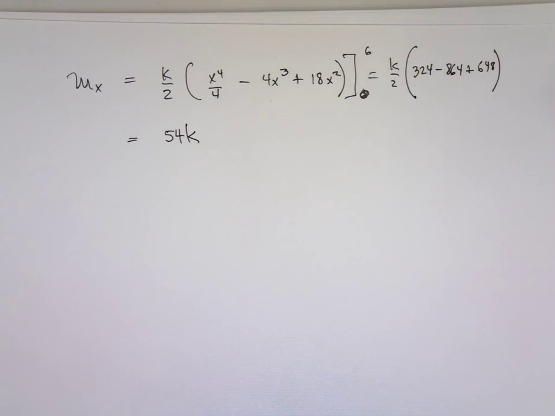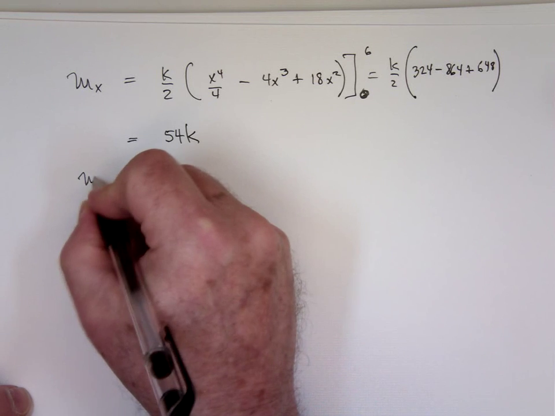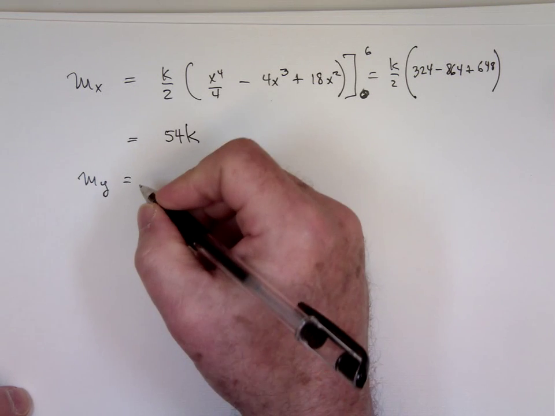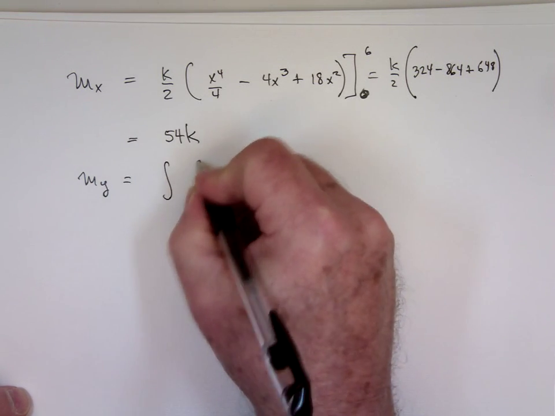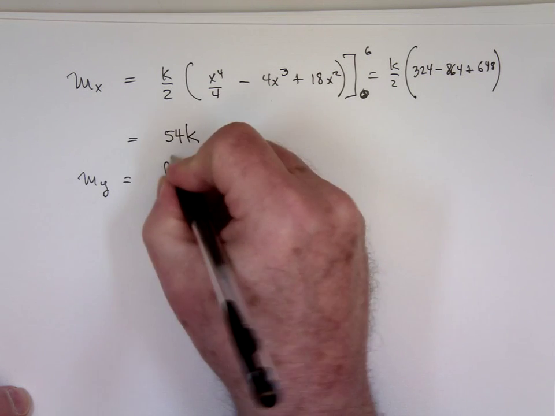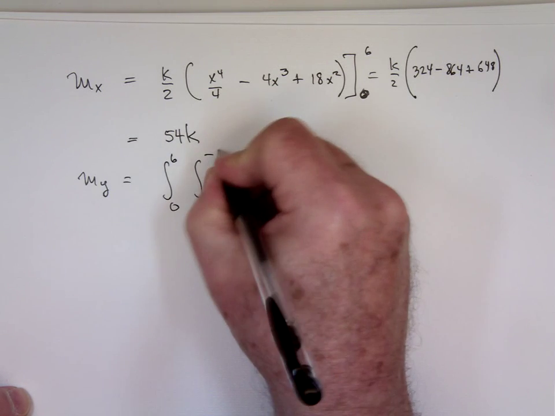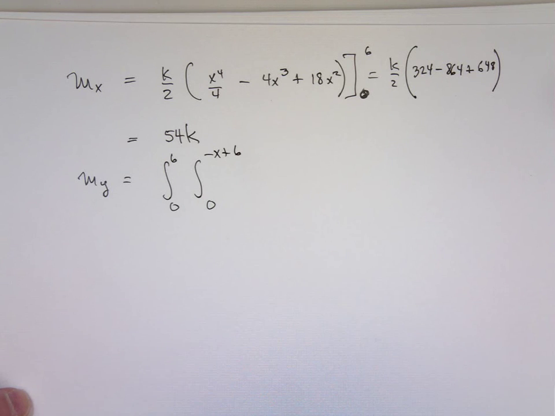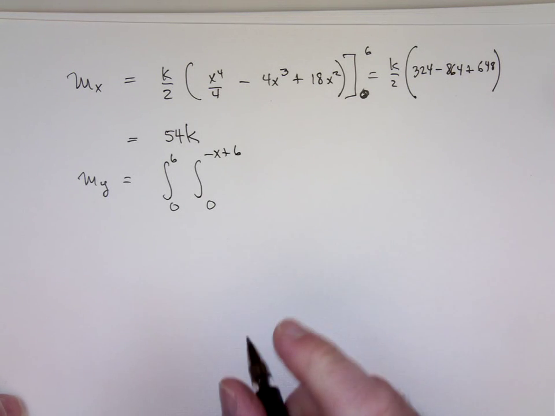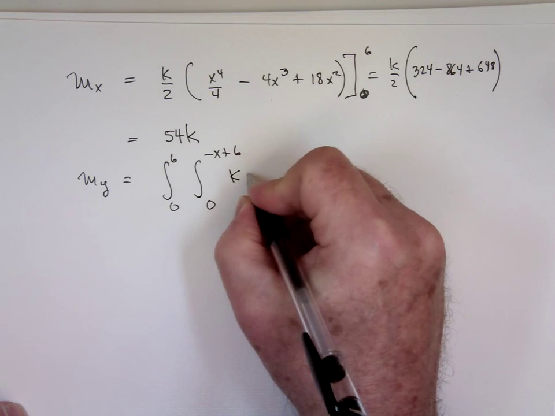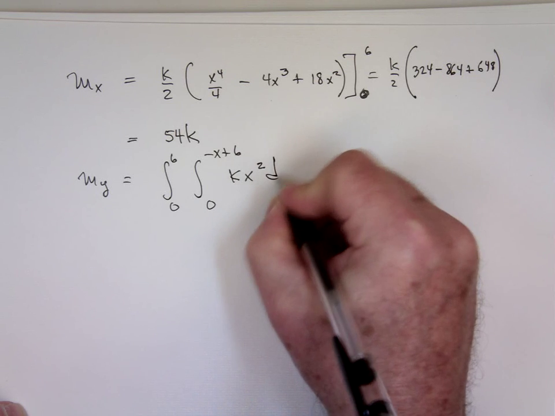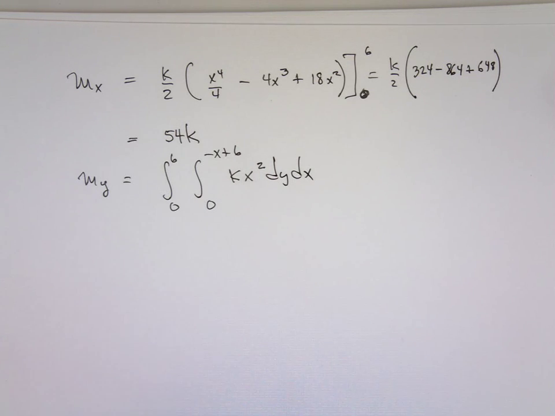All right, so moment from the y-axis is equal to, let's do the other one, double integral, 0 to 6, 0 to 6. The distance now is x, so we're going to have a kx squared. Let's do it. 0 to 6.